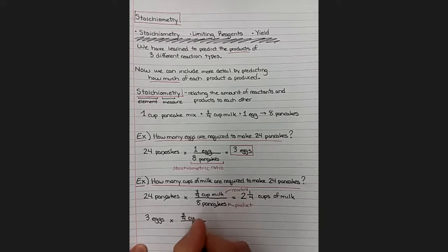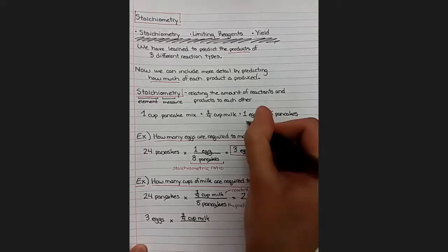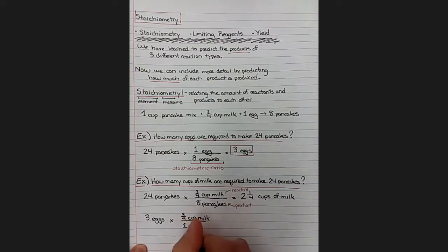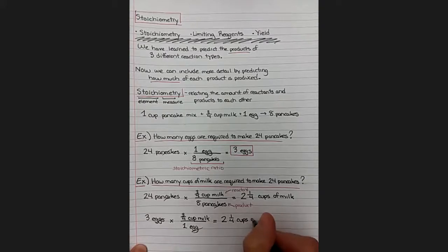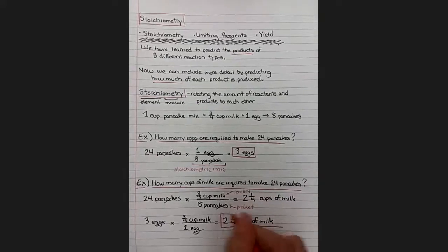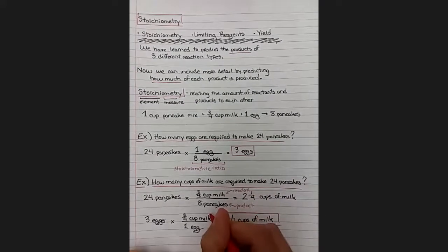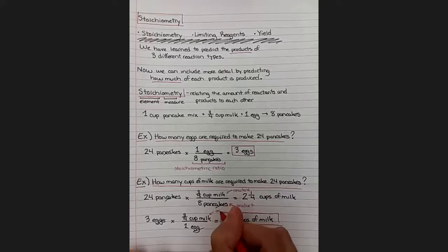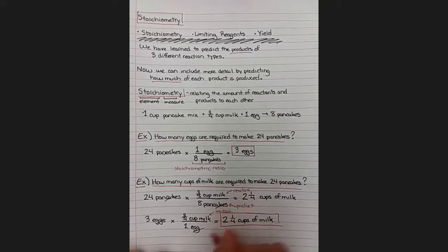So we can do 3/4 cup milk on the top over 1 egg, with egg canceling, giving us the same answer, 2¼ cups of milk needed to make 24 pancakes. So you can see in this second ratio, and the second time we did it, we have a ratio of 1 reactant to another reactant.